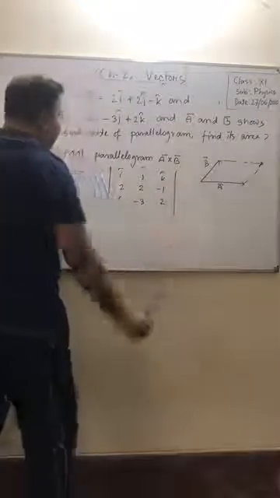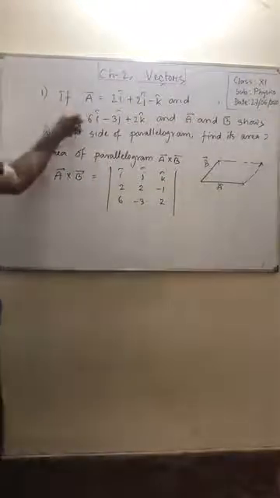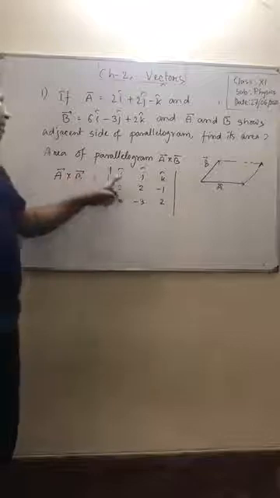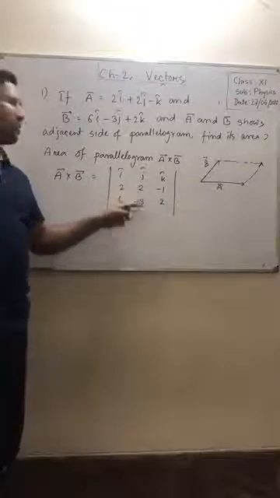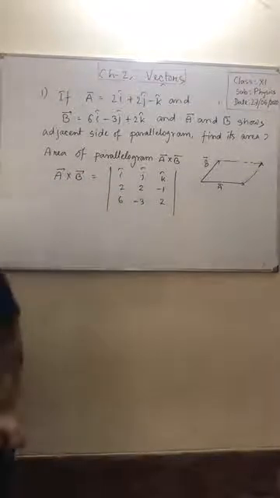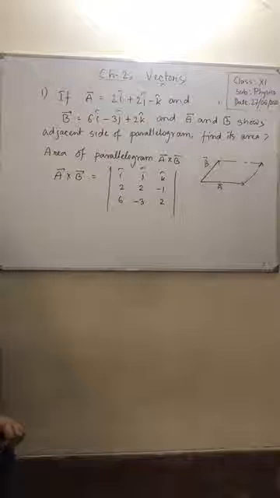Do you understand that one? From these two vectors I write down A cross B: i j k, 2 2 minus 1, 6 minus 3 2. Mahi, Tawfiq, silent please, everything is monitored. So do you understand this one? Ax, Ay, Az, I put below, Bx, By, Bz from these two vectors.